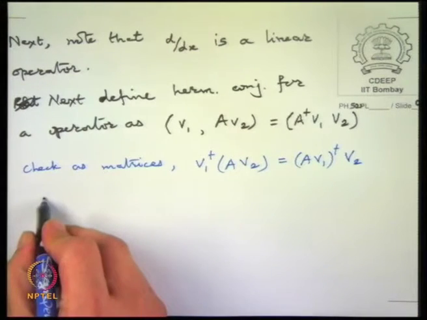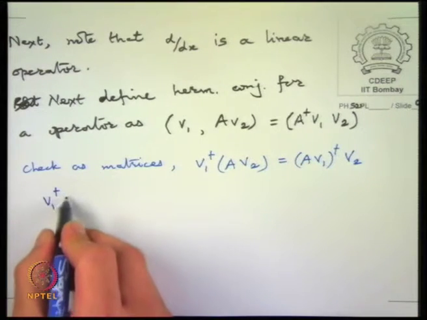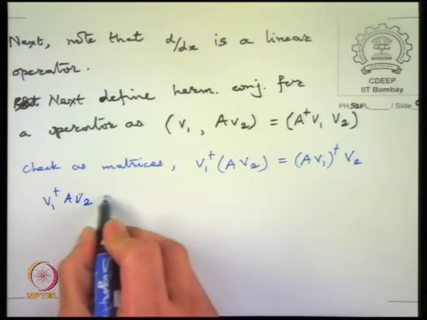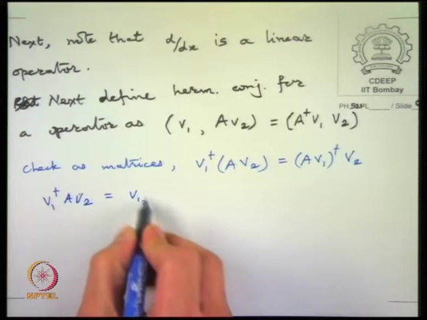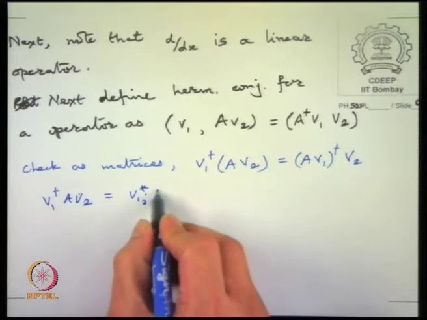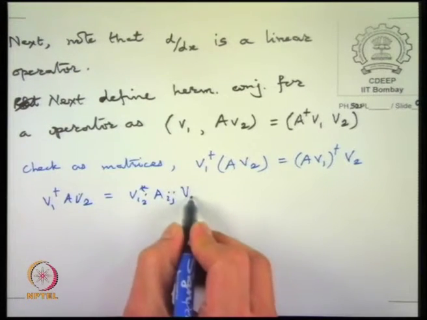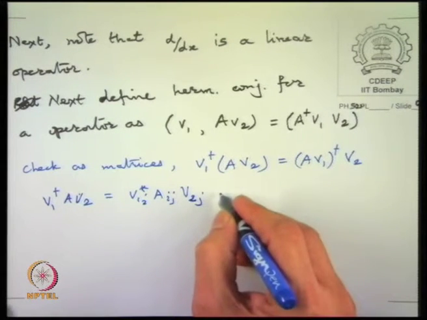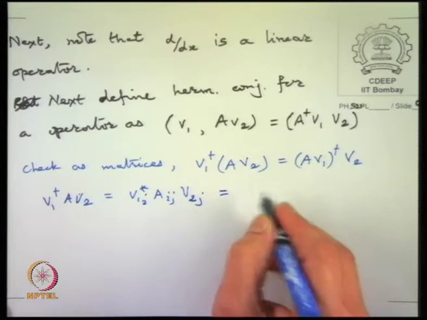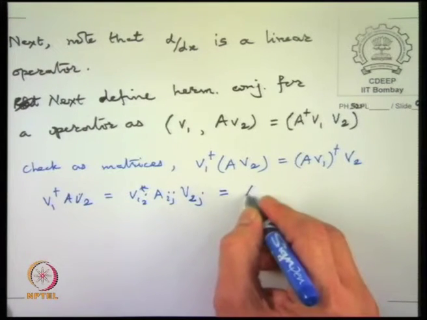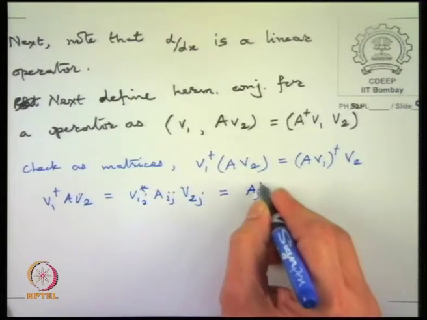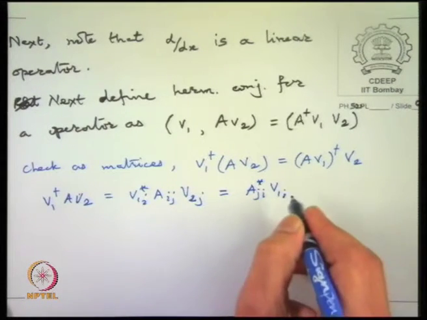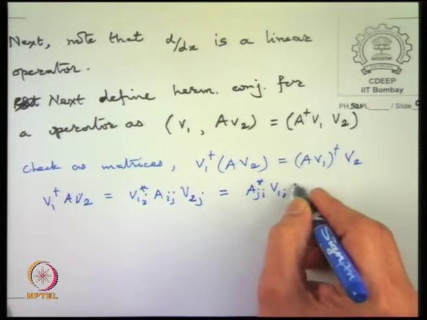Because V1 dagger A V2 is something like V1i star Aij V2j, and that would be equal to Aji star V1i star V2j.